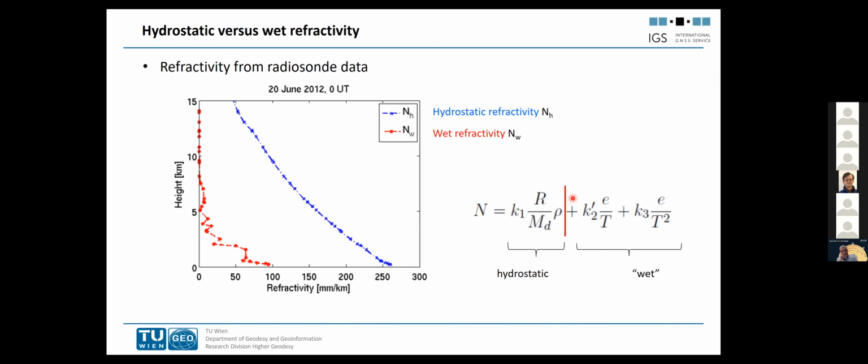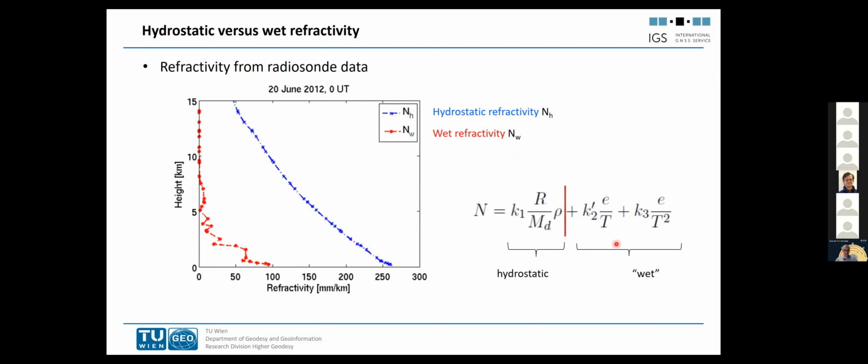I would like to take a look at the refractivity with height. This plot depicts the refractivity from radiosonde data. From radiosonde data, we get pressure, temperature, and humidity, and we can calculate the refractivity. Here we already do the separation into the hydrostatic part and the wet part.